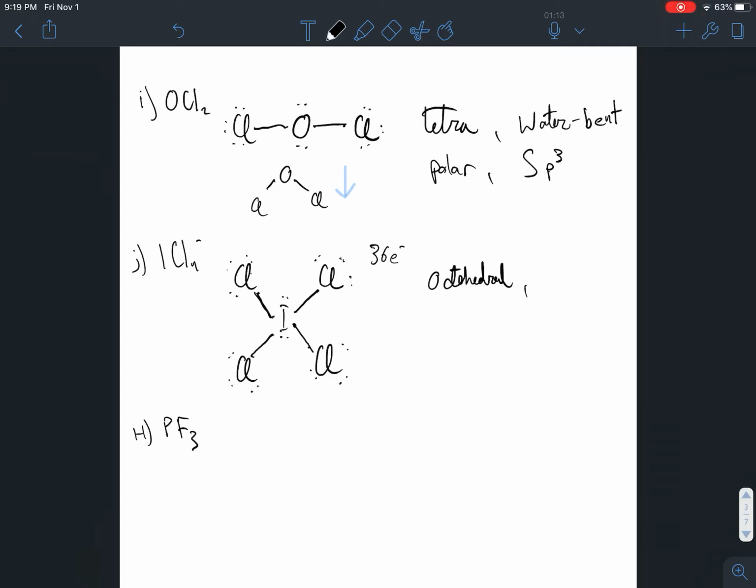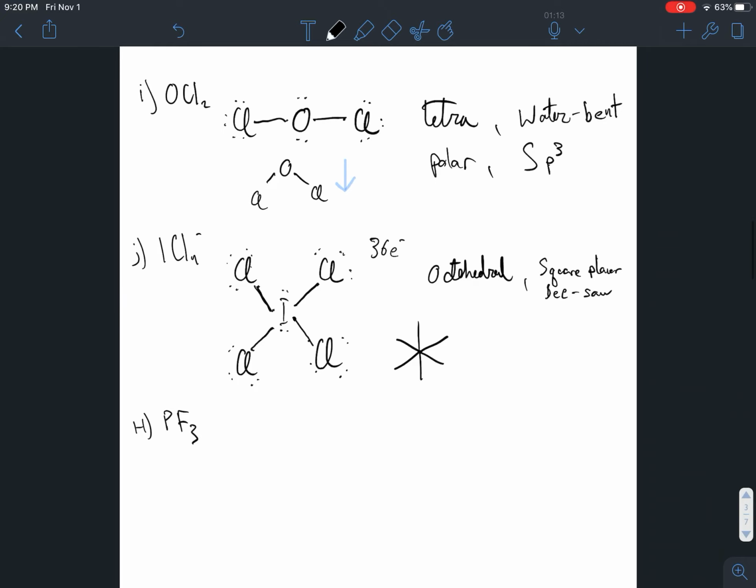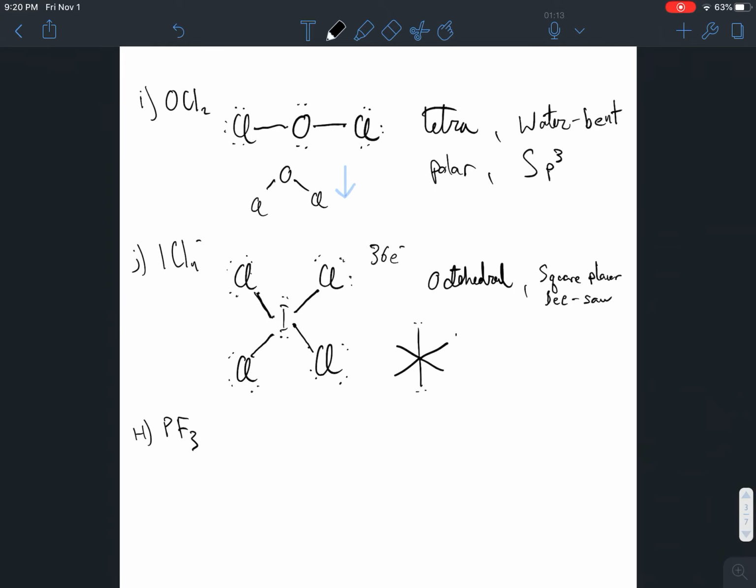The shape is square planar or seesaw, or I think that's what it's called. Because if we look at this drawn, it looks like that, which is square planar. Or if one of those lone pairs and the other thing was switched, then it would be seesaw.